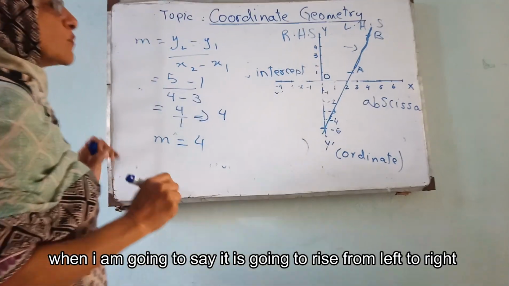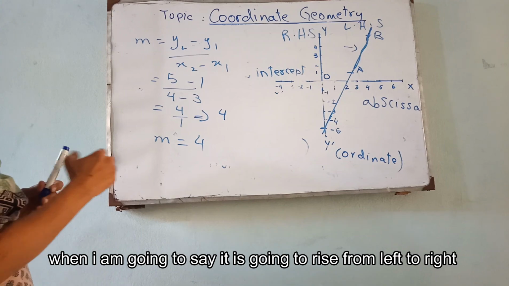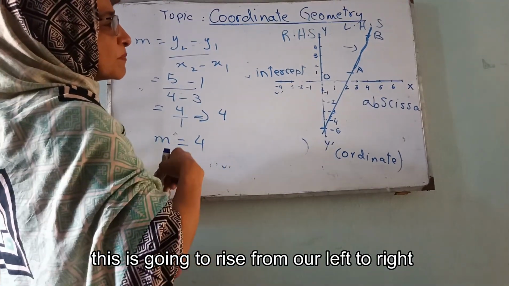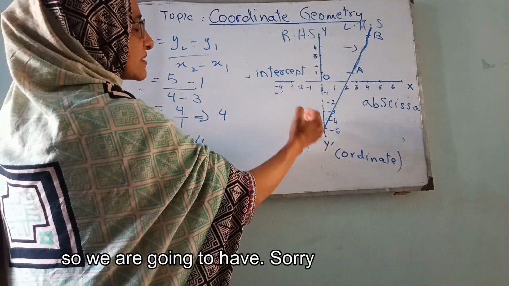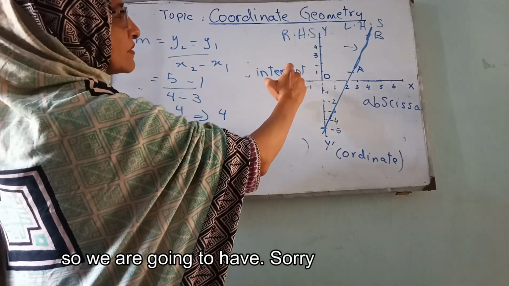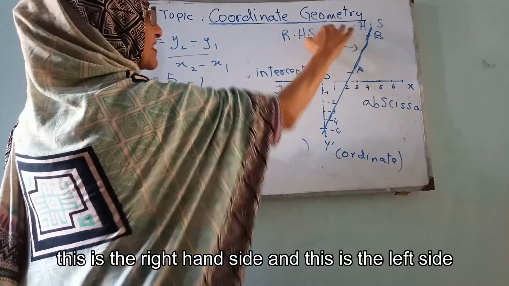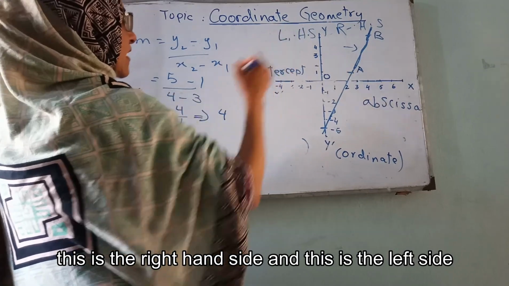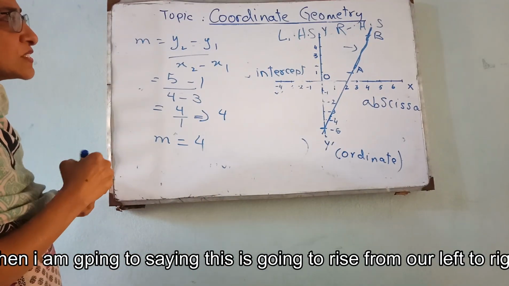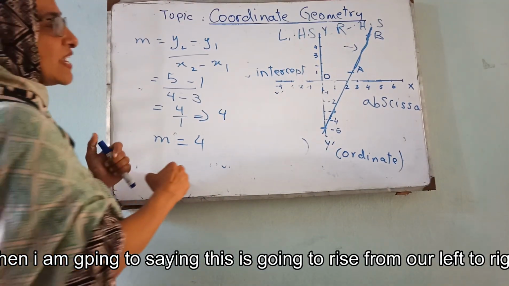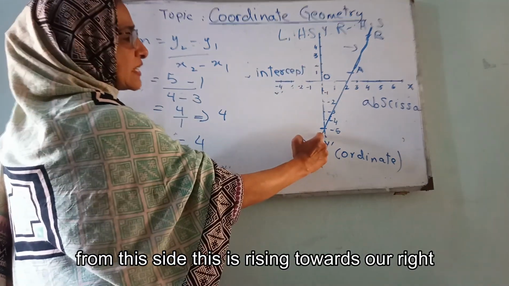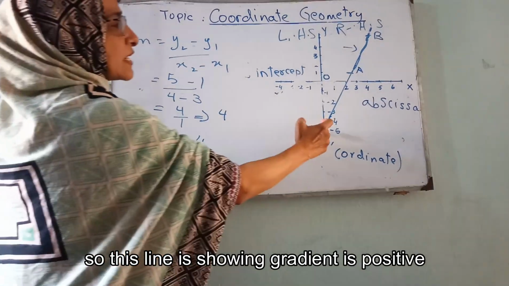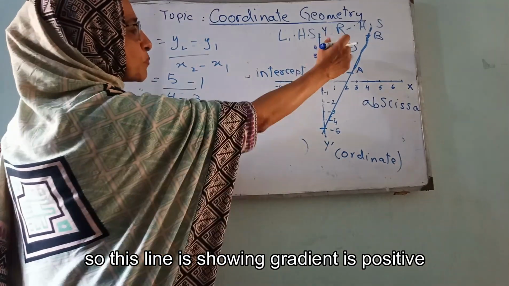When I say it is going to rise from left to right, that means it is rising from our left side towards our right hand side. So this line is showing that the gradient is positive.